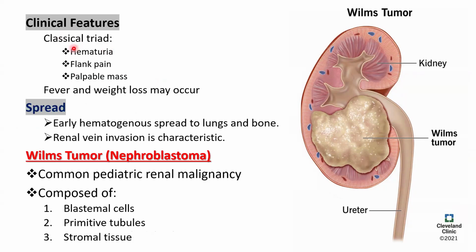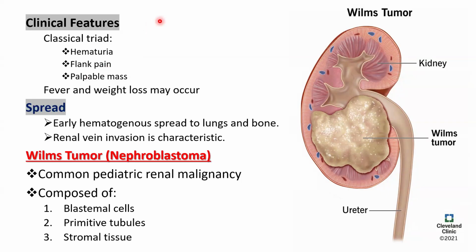So the features will be the classical triad. The classical triad will be hematuria, flank pain, that is pain that you have when you have issues with the kidneys, and then also you have palpable masses.